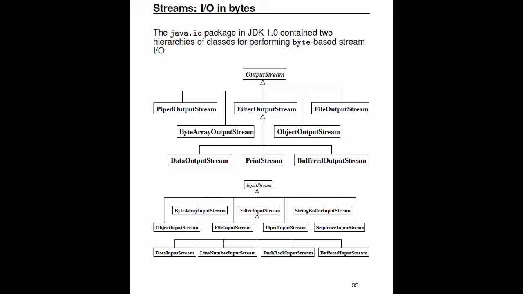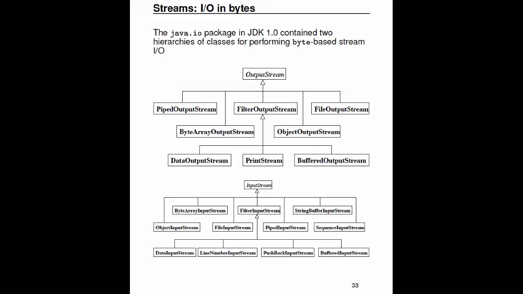And a lot of the I/O that you'll be doing will be file based. But files aren't the only kind of I/O you can do, right? You can read from databases, you can read over sockets, network connections, and in order to provide nice abstractions over doing I/O, the JDK has two class hierarchies, two sets of APIs called streams.